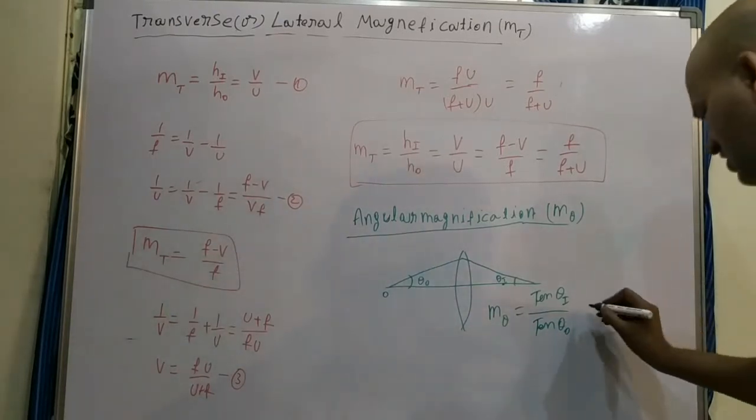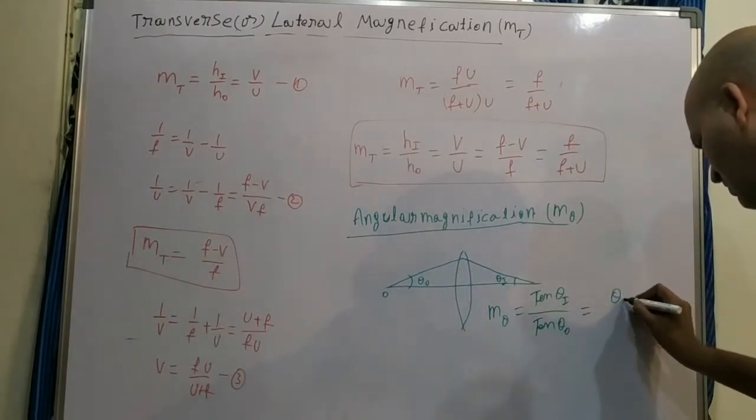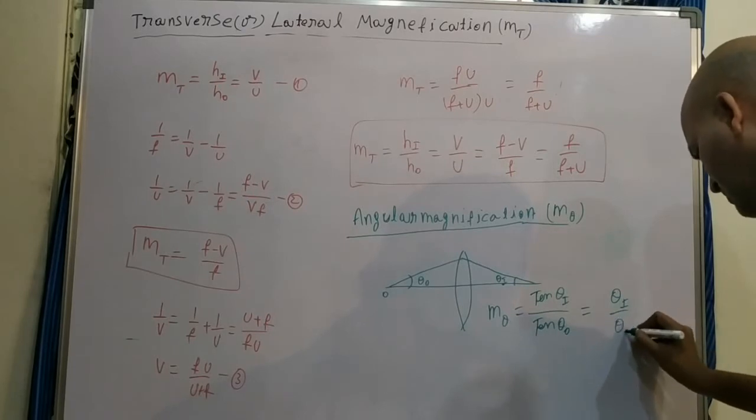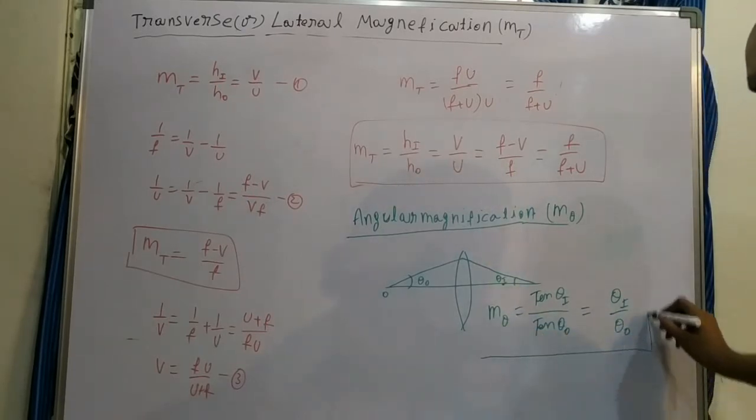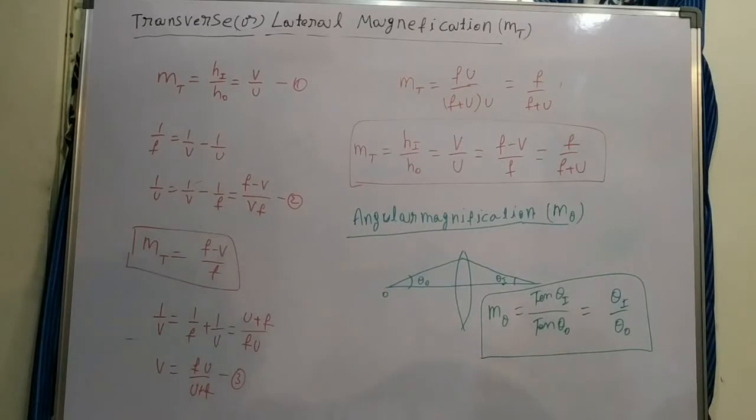If angles are very small, you can write theta of image by theta of the object. Like this, we can define angular magnification. Simply, it is the ratio of the angle made by the refracted ray with the principal axis and the angle made by the incident ray with the principal axis.